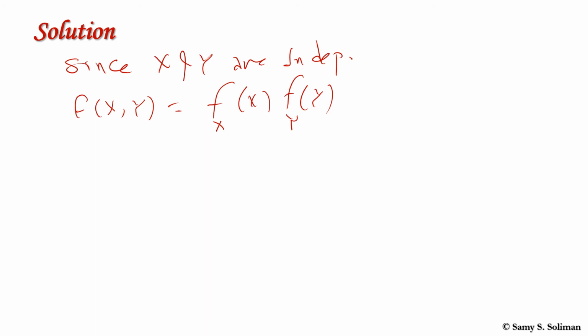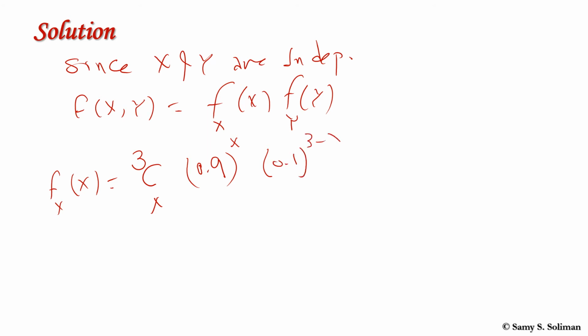So actually f_X of x is, out of the three, how many will be successfully detected, where the probability of success was 0.9 power x and the probability not to detect is 0.1, or 1 minus 0.9, power 3 minus x, for which values of x. So again, either no item is detected as defective, or 1 or 2 or the three of them.